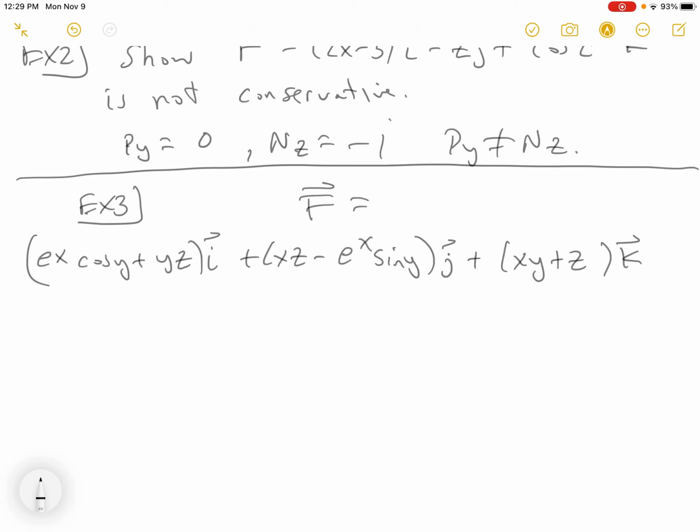Let me make sure I wrote this down right. E to the x cosine y plus yz, xz minus e to the x sine y j, xy plus z. Okay, so first of all, is it conservative?